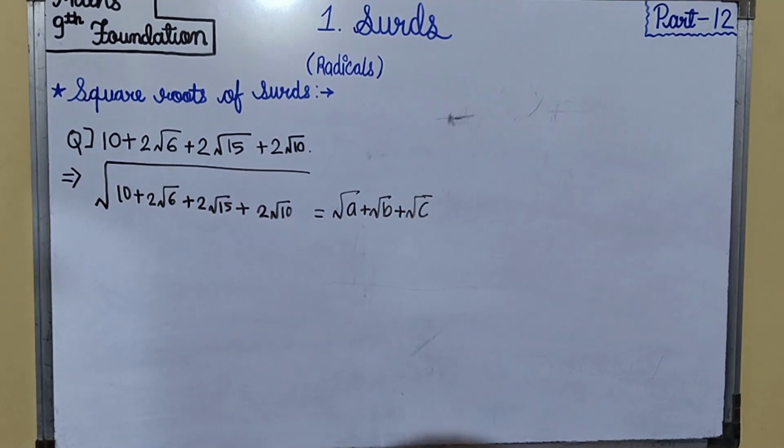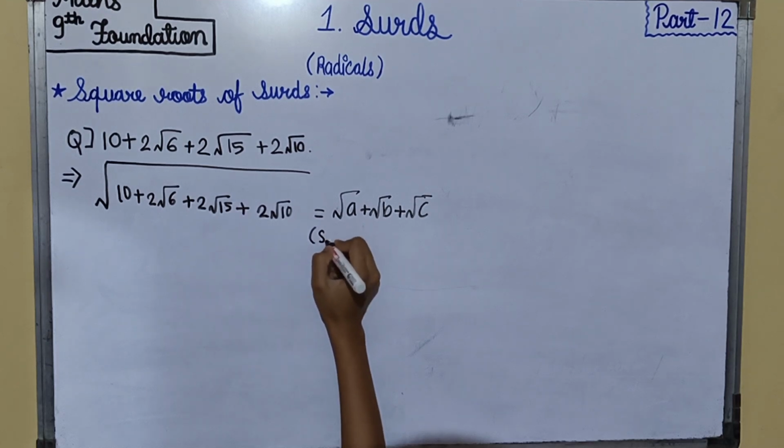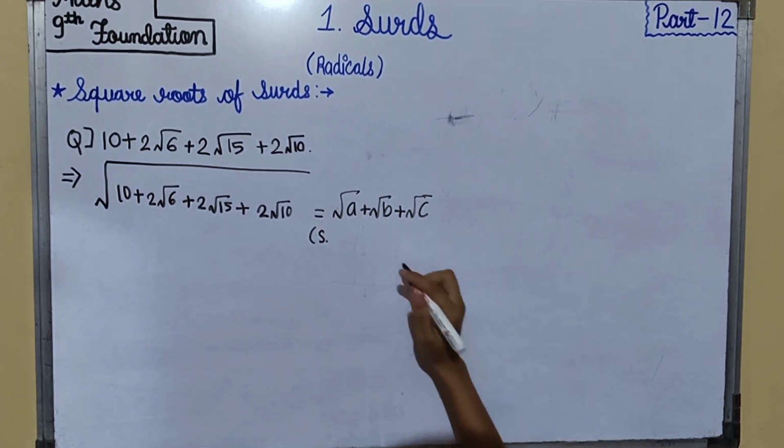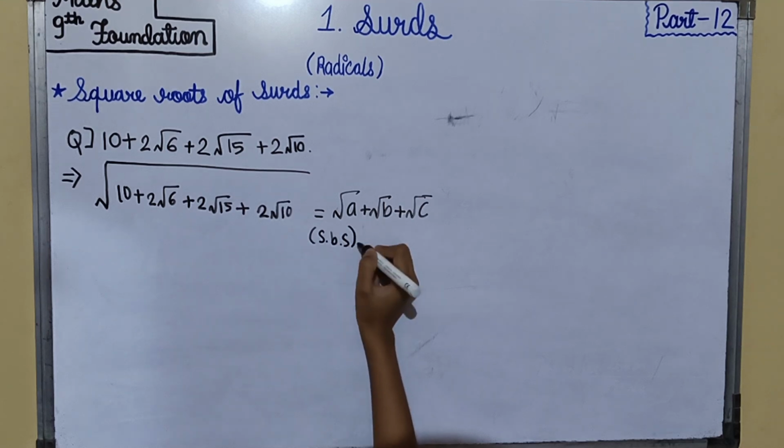So this is our formula. Now first of all we'll square both sides.